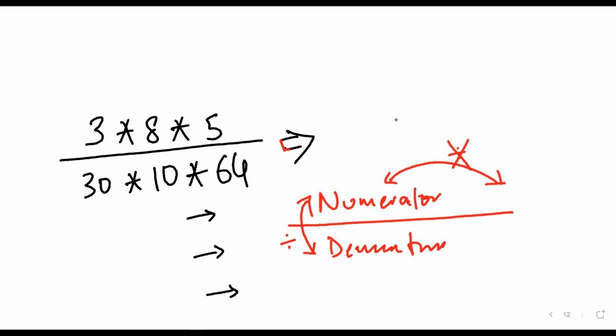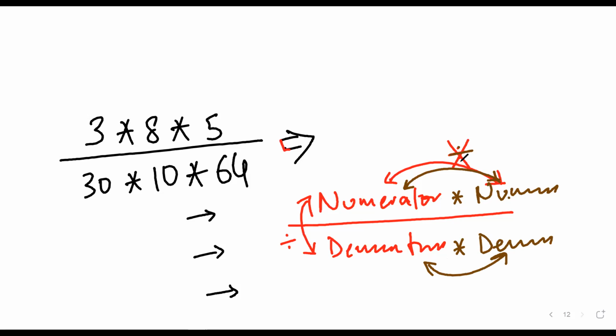Yeah. So for example, if there is a numerator and there is a numerator, both of these can only get multiplied with each other. Denominator and denominator can only get multiplied by each other. Numerator and numerator will never get divided by each other, and denominator will never get divided by each other.